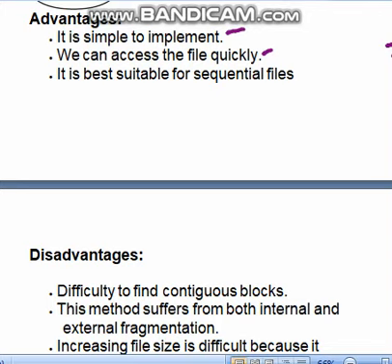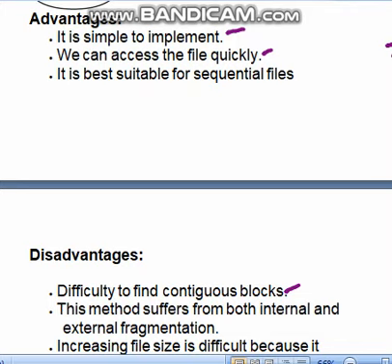It also has some disadvantages. It is somewhat difficult to find the continuous blocks in a hard disk. One more disadvantage is that it suffers from external fragmentation as well as internal fragmentation.